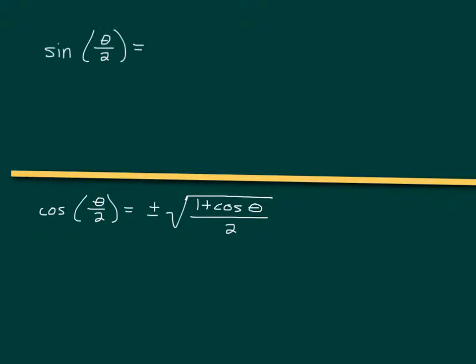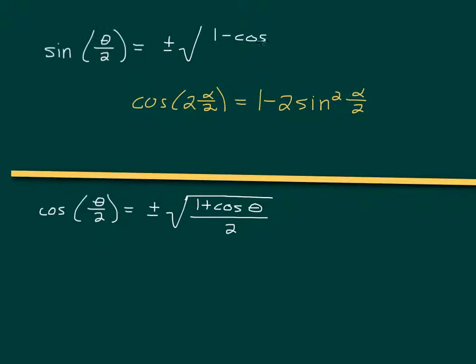To get sine theta over 2, we go with that same deal where you let theta be alpha over 2, but you use this formula for cosine 2 theta. And if you solve it the same way we solved the other one, you're going to get that sine theta over 2 is plus or minus the square root of 1 minus cosine theta all over 2.